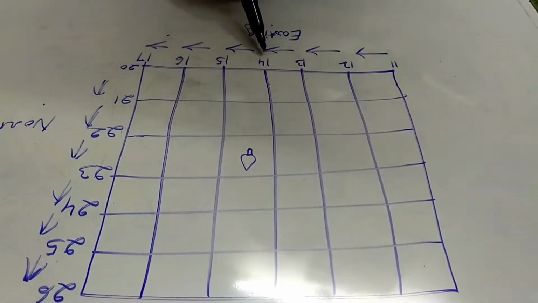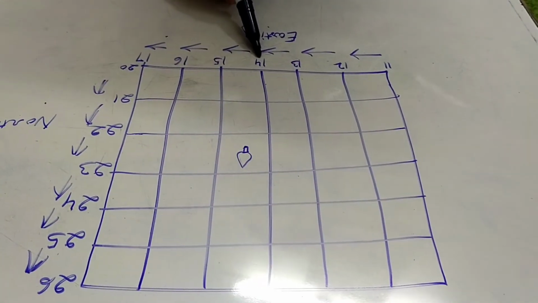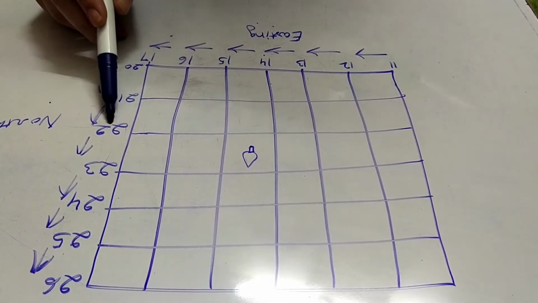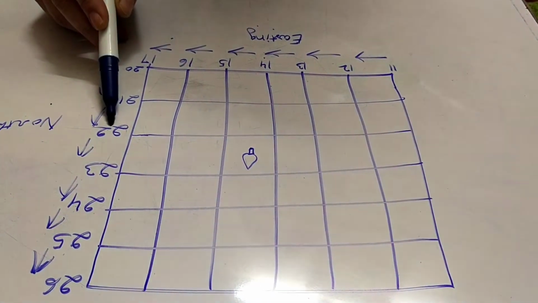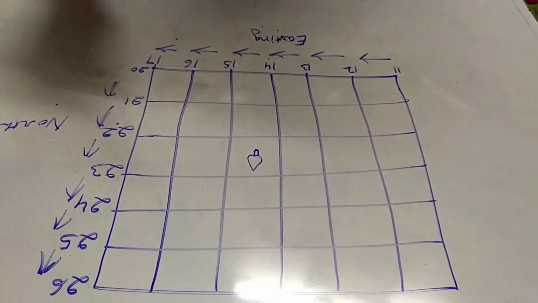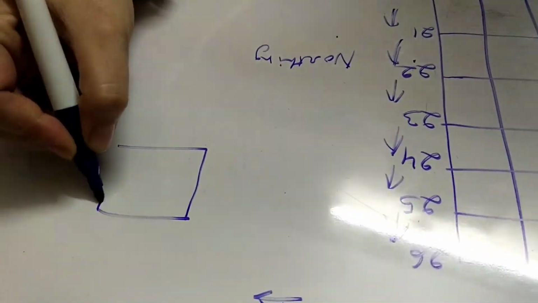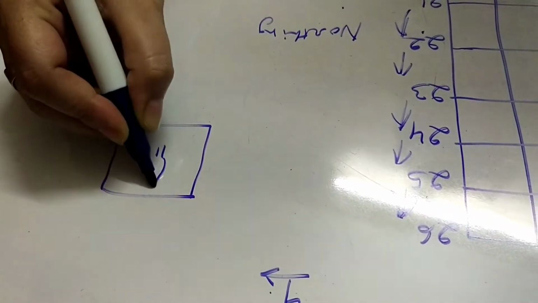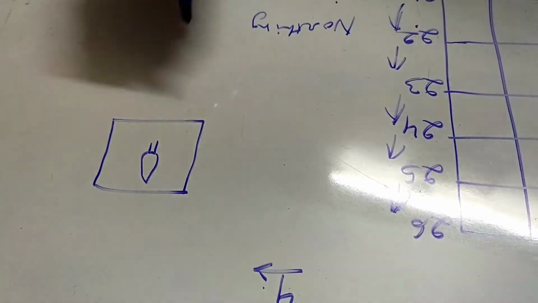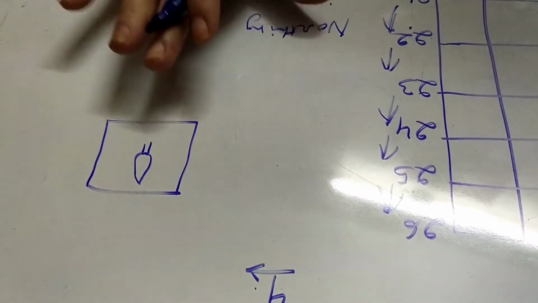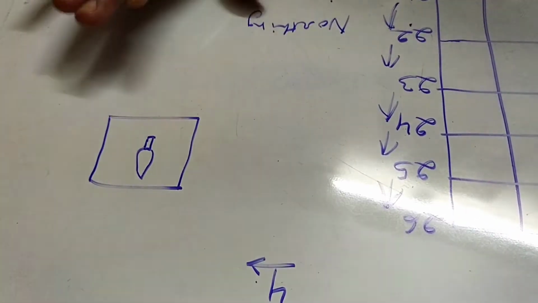So beta, 2 numbers we will get from easting and 2 numbers will get from northing. Let me make it clear. Like this is a box, and in this box a tree is here. Okay beta?